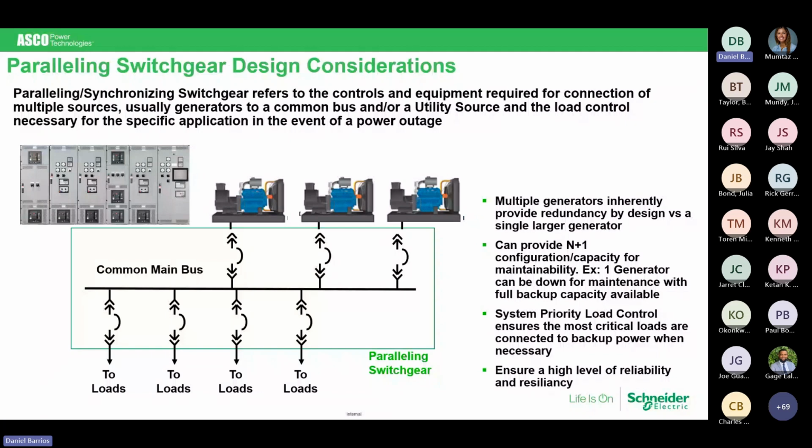So the paralleling switch gear, a few things we're going to touch on. Number one, by the configuration of the gear, the size of the main bus, the interrupting capacity, whether it be 65, 100, or 200K type interrupting, you need to work with us because that may impact the size of what the paralleling switch gear will end up being.